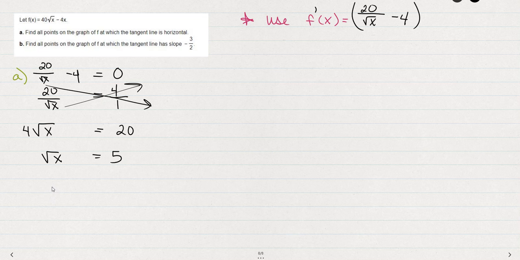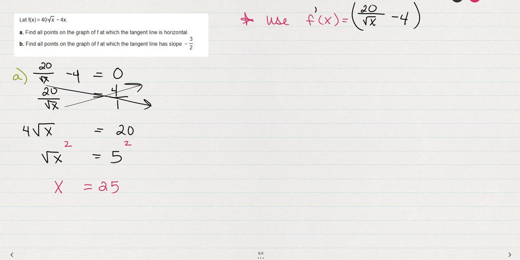And then to undo that square root, I'll square both sides. So the square root of x squared is just x, and x is going to equal 25. If x is 25, that means x equals 25 is the only point where we get a horizontal tangent line.